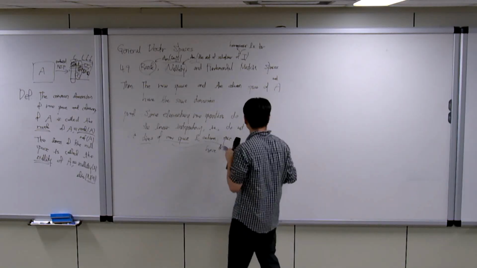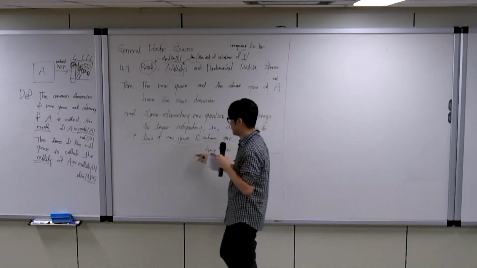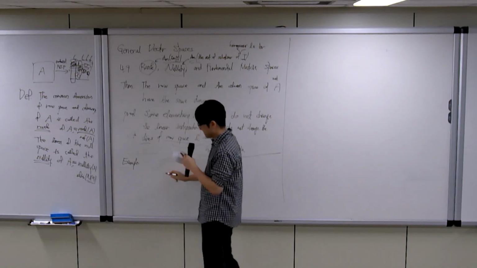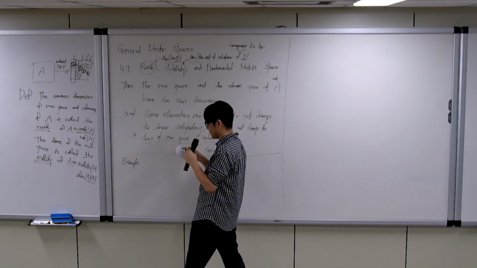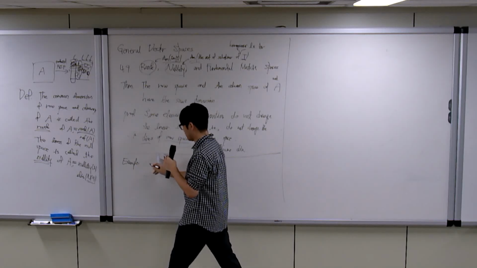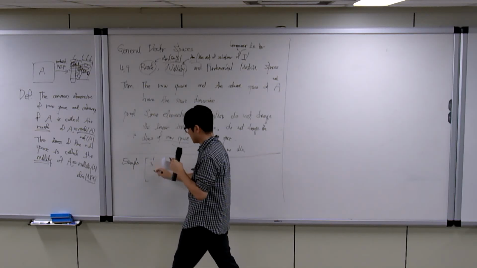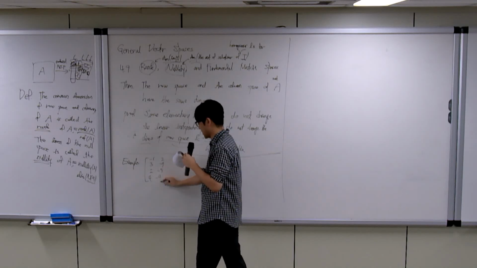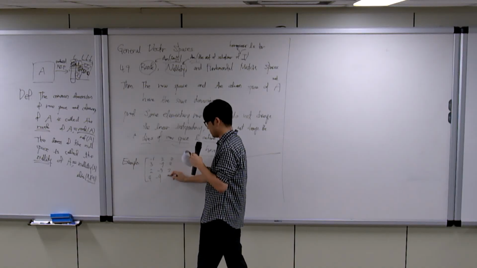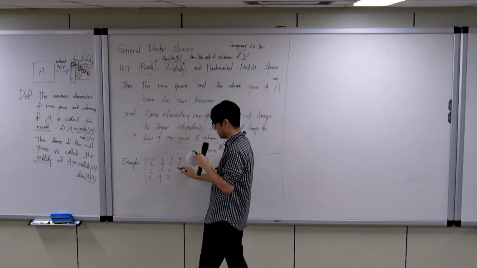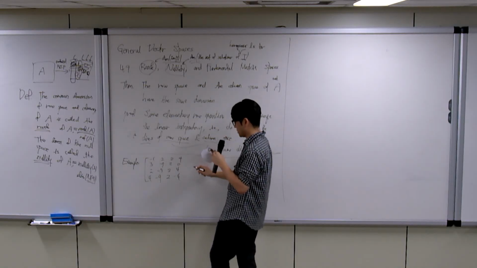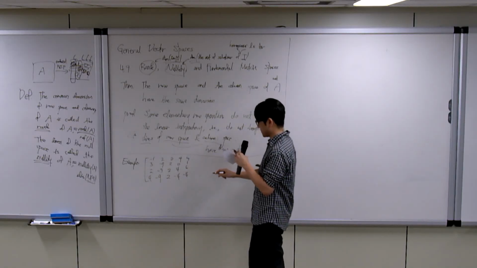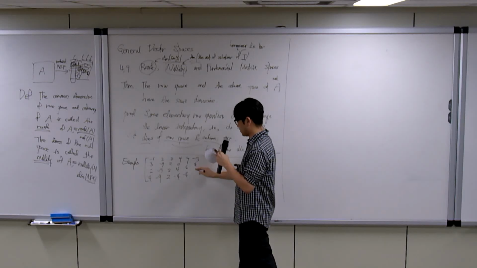So let's see the example. We may have already seen the example, maybe. The matrix has rows 2, 4, 2, minus 7, minus 5, minus 9, 0, 2, 2, 2, 4, 0, 4, minus 4, 5, 1, 6, 4, and minus 3, 4, 1, 7.